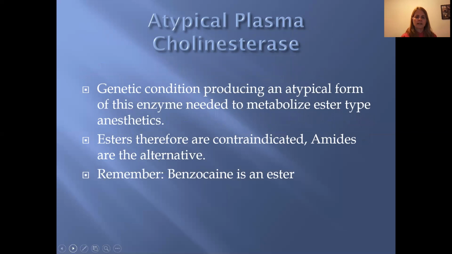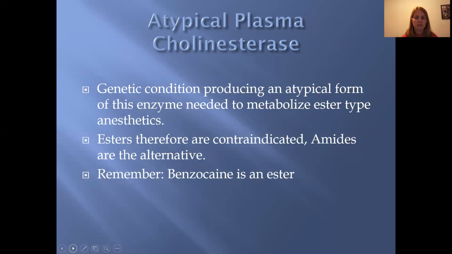Atypical plasma cholinesterase is a condition where there is an atypical form of this enzyme and they can't metabolize ester type anesthetics. So esters are contraindicated. Amides are the alternative. Benzocaine, which is topical, is an ester. Patients taking cholinesterase inhibitors, which are frequently prescribed for myasthenia gravis or glaucoma, should not be given ester derivatives or the amide articaine.